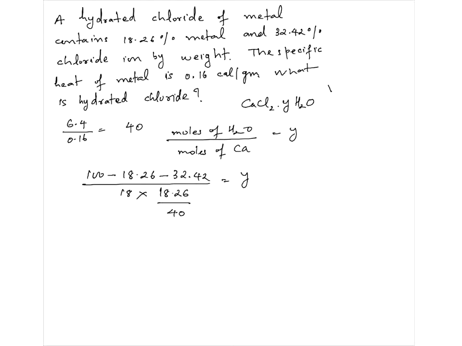Let's consider 100 grams, then 18.26 grams calcium is present and 32.42 grams chlorine is present. So how many grams water is present? 100 minus 18.26 minus 32.42.